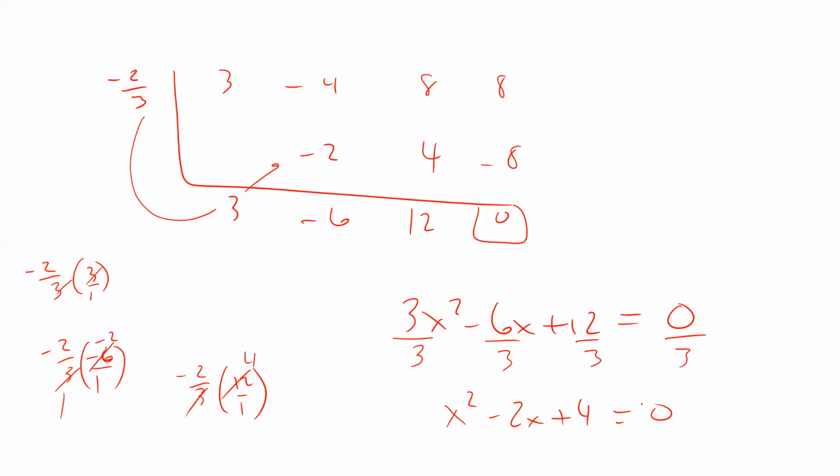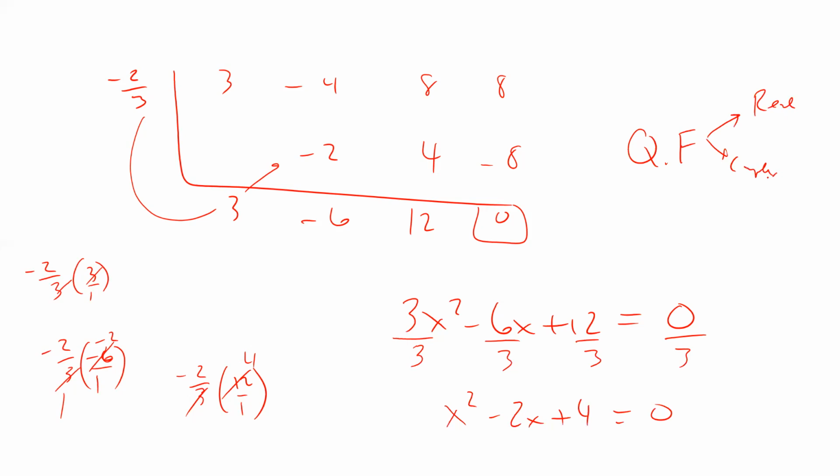Can I factor this guy down? Actually, no. 4, 4, 2, 2. So here's the quadratic formula. The quadratic formula could give us a real answer. It also can give us a complex answer. We good?